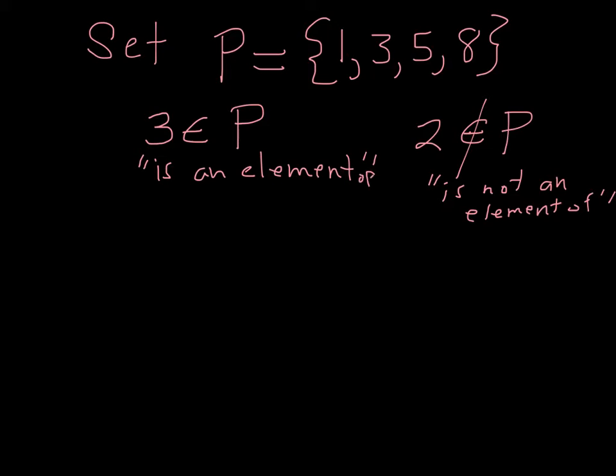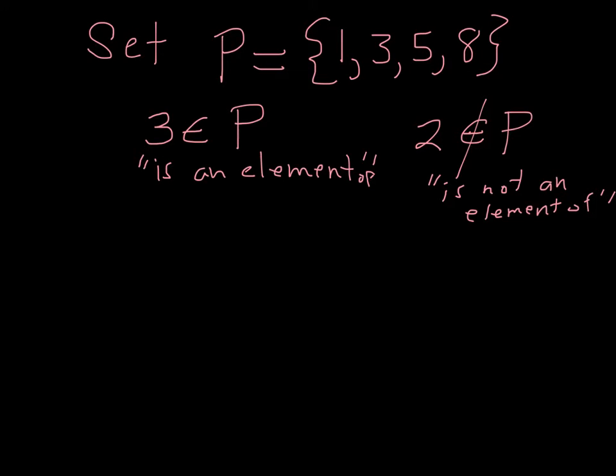And you may say, well, that's kind of stupid, because I can look at P and clearly see 3 is there and 2 is not there. Why would I ever want to use that notation? Well, not all sets are that small. This P only contains 4 elements: the 1, 3, 5, and 8.